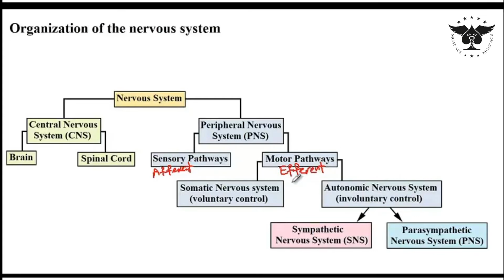Now the motor pathway itself is divided into somatic nervous system, like for instance our skeletal muscles that are under our voluntary control, and the autonomic nervous system, which is not under our conscious control, and these include the sympathetic nervous system and the parasympathetic nervous system, and we will discuss these two autonomic systems in further details. But sympathetic nervous system is also known as fight or flight response, while the parasympathetic nervous system is known as rest or digest response.